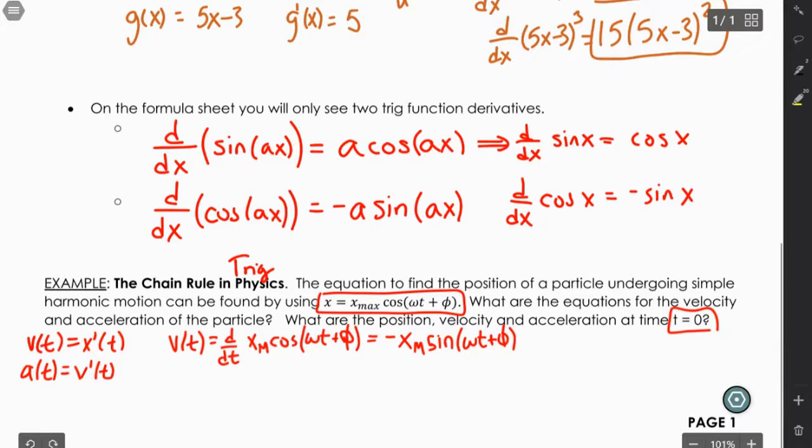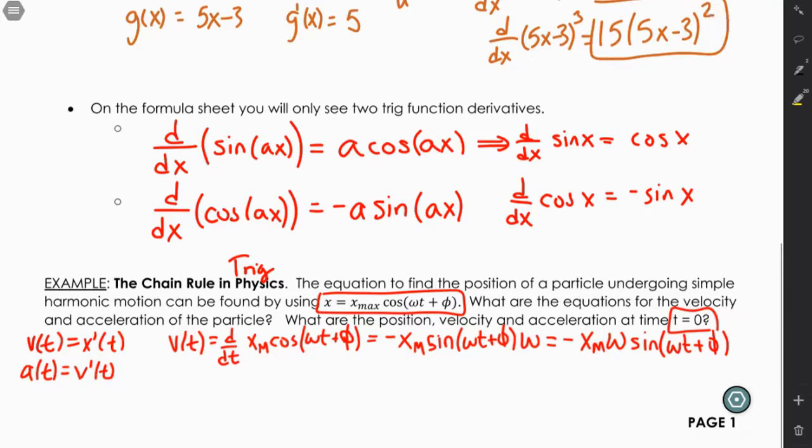And then we take the derivative of the inside, which is just simply omega, because we treat phi as a constant, so we're really just taking the derivative of omega t. And so we simply rewrite this as negative x max omega sine of omega t plus phi.